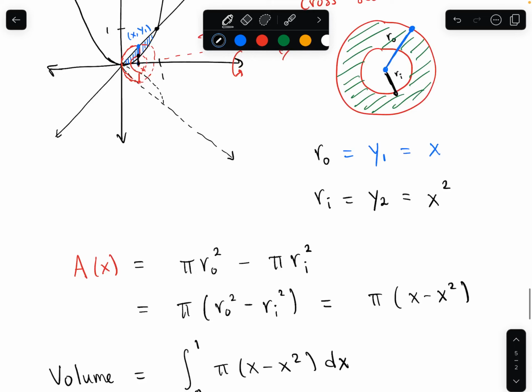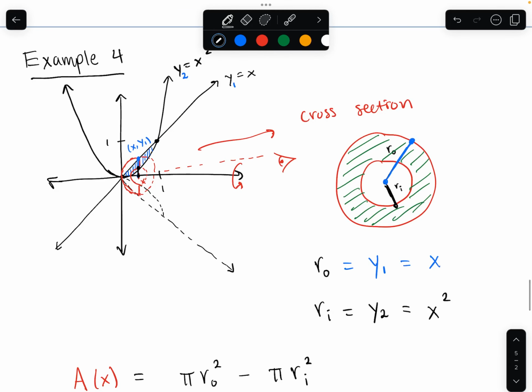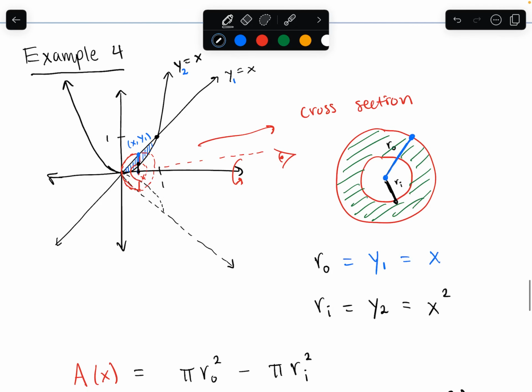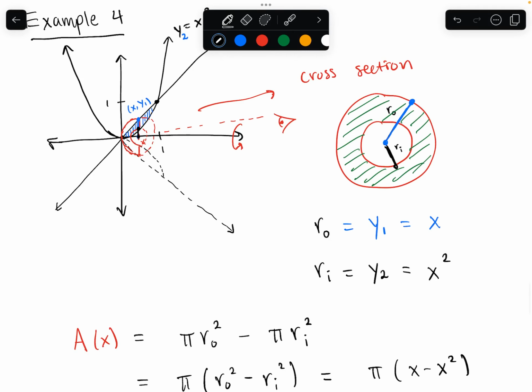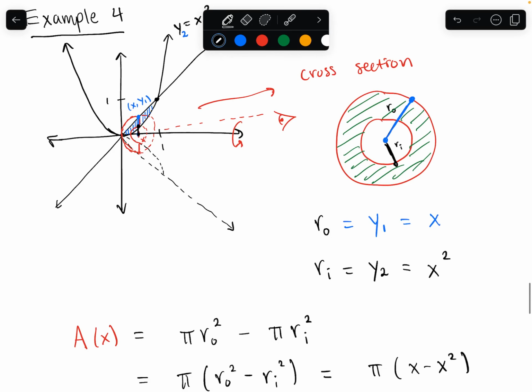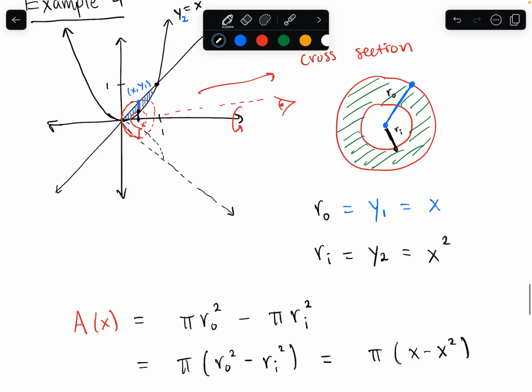So yeah, that's how we compute the volume, where now the cross section, instead of just being a disk, is a circle with a hole in it. And once again, it's still a simple shape because we know how to compute the area of a circle with a hole in it. As long as you know the two different radii, you just take the outer radius squared minus the inner radius squared and multiply by pi, of course. And that's the formula for that.